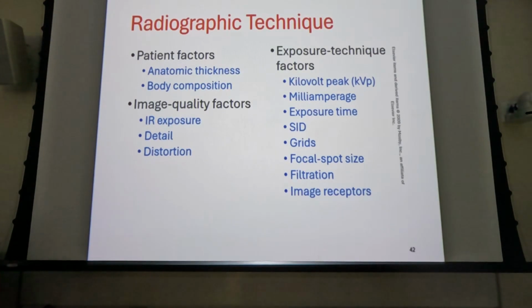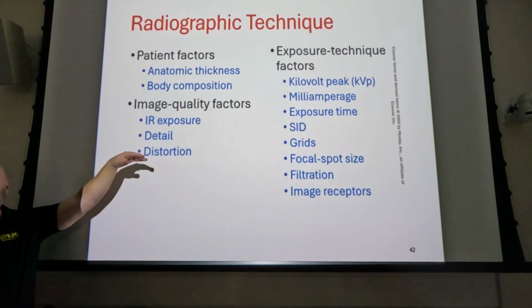So patient factors are anatomic thickness and body composition, two totally different things. With body composition, we're talking about different tissue types, and we'll talk about that a little differently in a bit. But for image quality factors, the sensitivity of the image receptor is big, so our type and the exposure that you need.